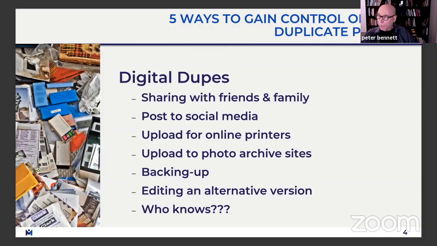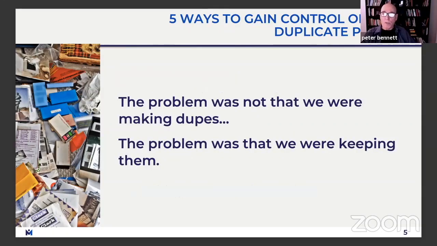Whenever we export an image or images from a catalog or download them from, say, an online platform, we've just created another dupe or set of dupes. And here's the crux of it. The problem was not that we were making dupes. The problem is that we were keeping them and continue to keep them. Many, but not all dupes are created for those temporary reasons I just listed. And this is important to understand.